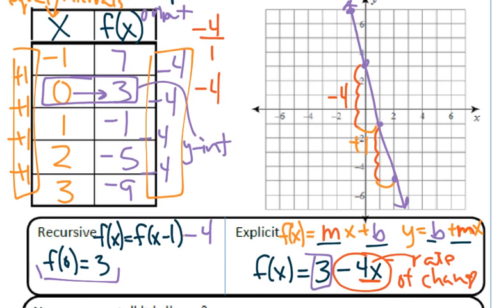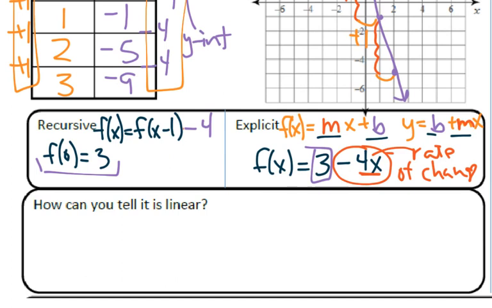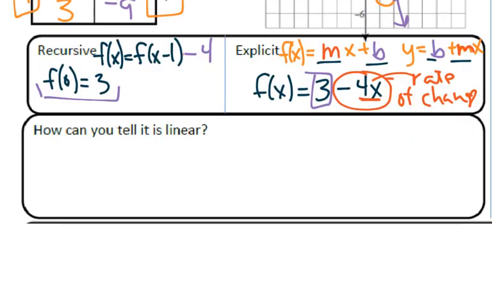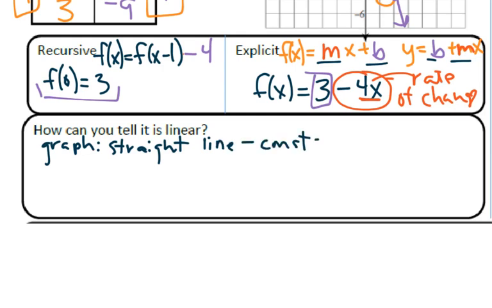Okay, so there's kind of some ways we can see that. Now, just to remind ourselves, how can we tell if it's linear? In a graph, it's a straight line, right? In other words, we have that constant slope. You do want to check that. Okay, in a table, how do we see it? Well, you have the equal interval, right?